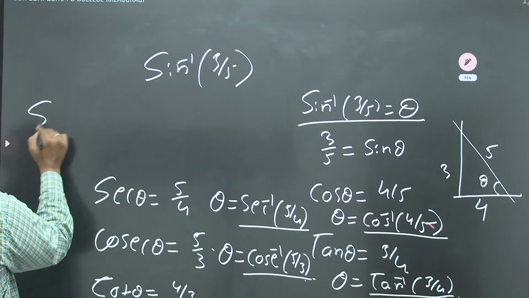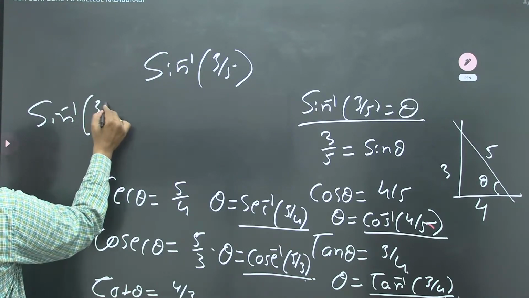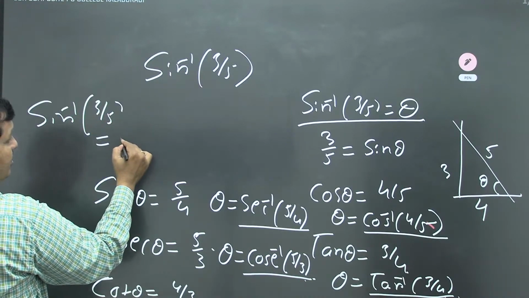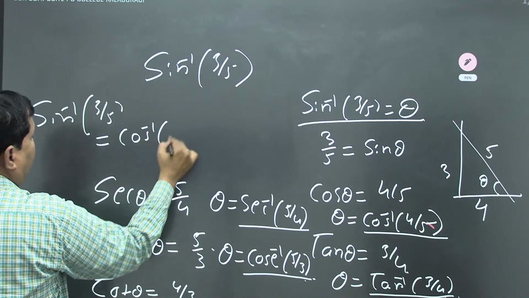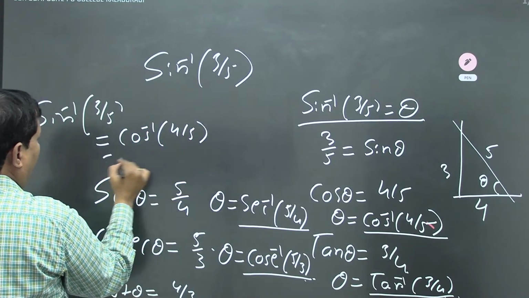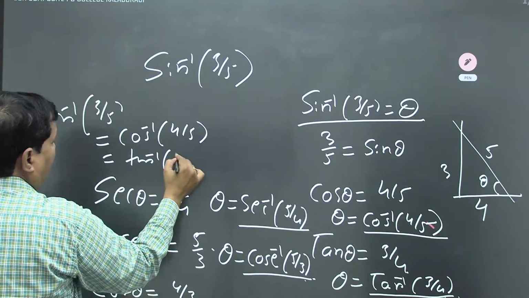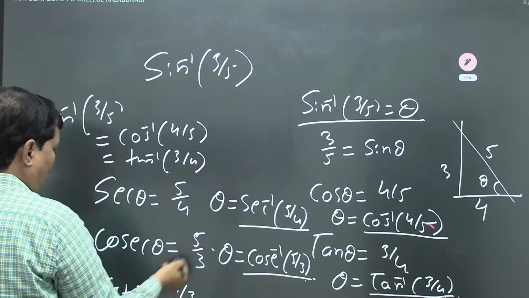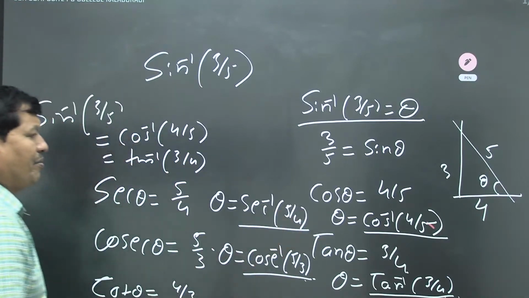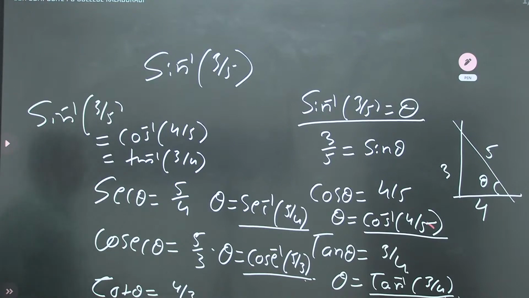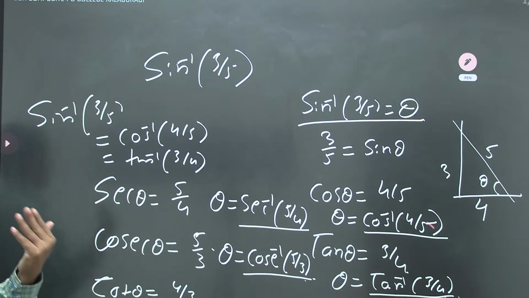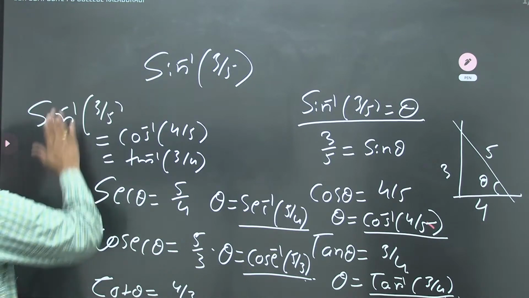It means sin inverse of 3 by 5 can be written as cos inverse of 4 by 5 or tan inverse of 3 by 4 or the remaining 3 inverse trigonometric functions. Have you followed how to express? If you know one inverse trigonometric function, you have to express it into the remaining 5 inverse trigonometric functions. Is it clear?